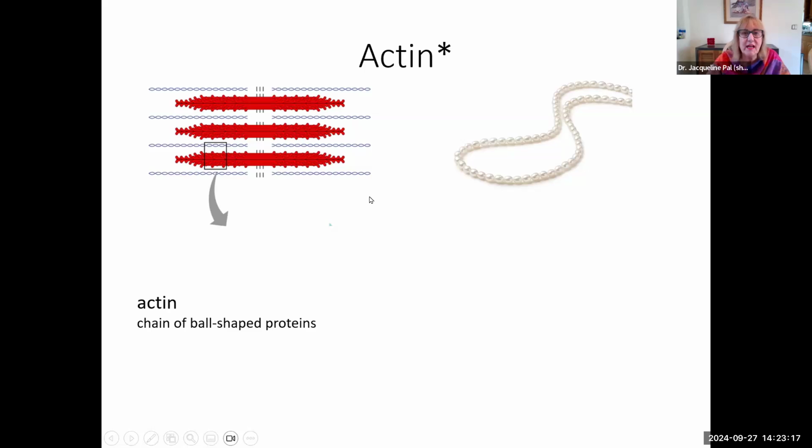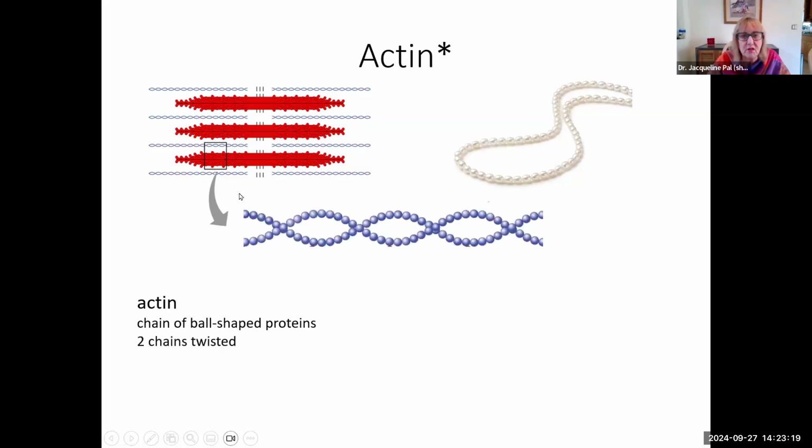And what you do is you take two of these little strings of pearls and you twist them together. So that's what it looks like, these two little blue things. That's actin. But every little pearl has a hole drilled in it that myosin wants to stick its little head into.